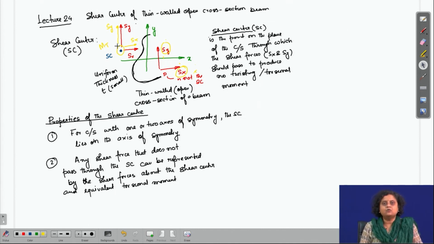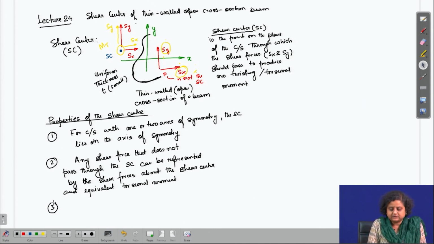So, whenever the shear forces do not pass through the shear center, we have to consider an equivalent system where we move the shear forces to the shear center. Additionally, we consider a torsional moment Mt, which is obtained by taking the moment of Sx and Sy about the shear center from point P. So, this is the second aspect of shear center.